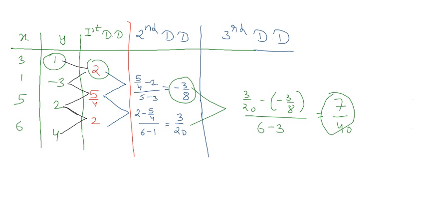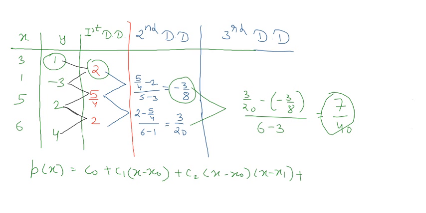So the Newton's interpolating polynomial will be P of x is equal to C naught plus C1 times x minus x naught plus C2 times x minus x naught into x minus x1 plus C3 times x minus x naught times x minus x1 times x minus x2, right, with the help of these 4 points, 3, 1, 5, 6, x0, x1, x2, x3.